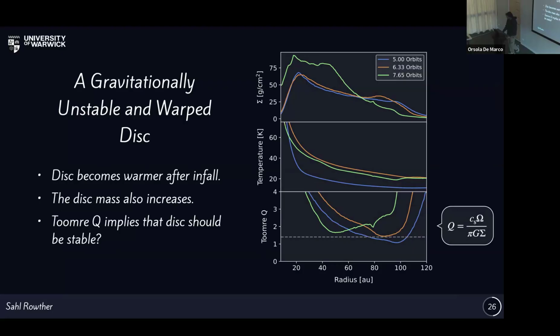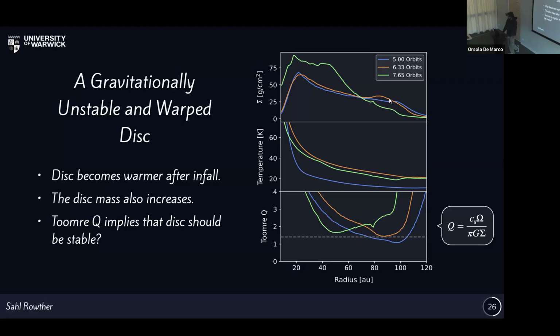So we can also measure how gravitationally unstable the disk is based on the Toomre Q parameter I mentioned earlier. The top panel shows the evolution of the surface density at 3 different snapshots, and the blue line is before the infalling cloud impacted the disk.